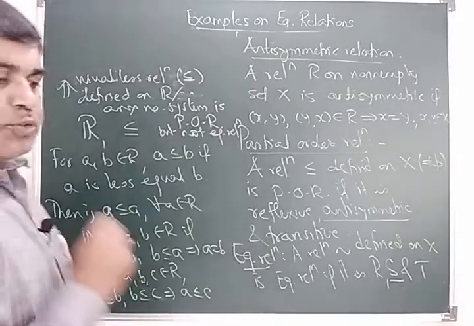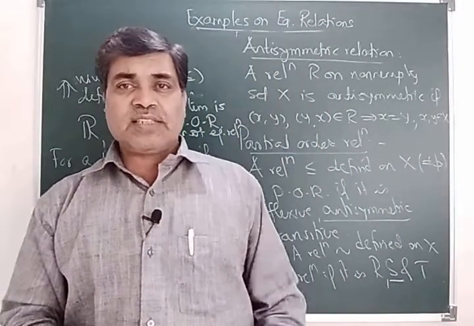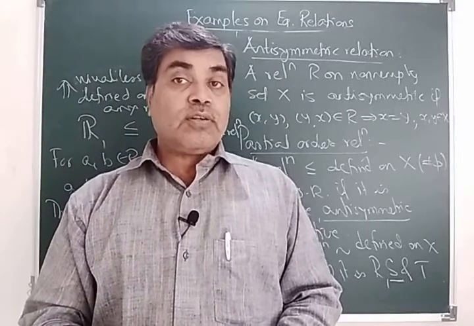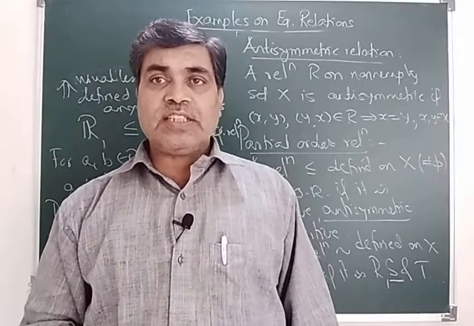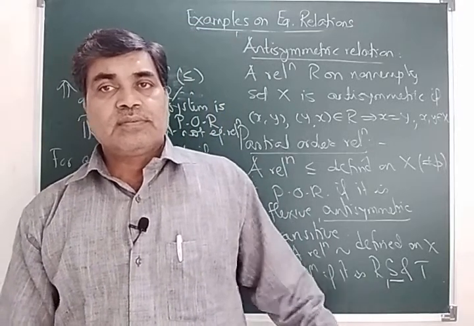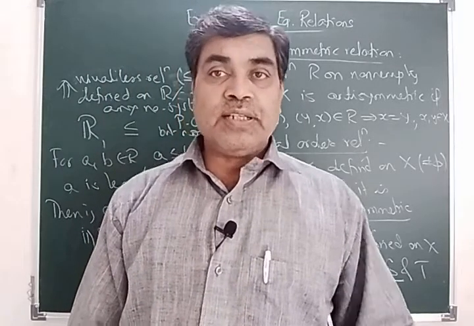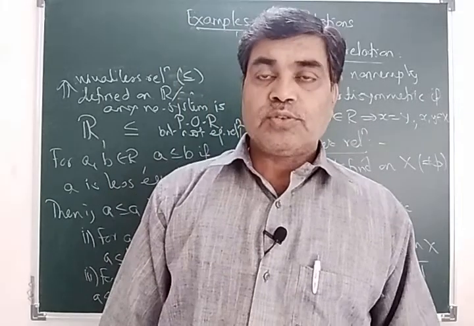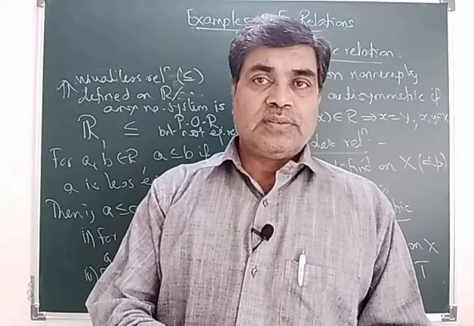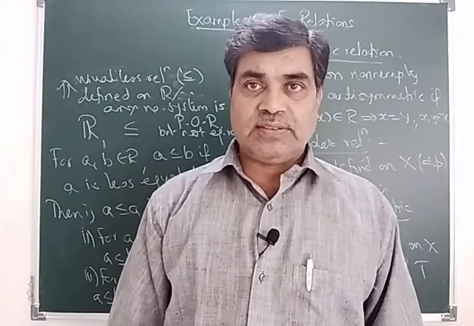I am not interested in studying the concept of partial order relation in detail. We are studying equivalence relation for the purpose of studying congruence relation on the set of integers. That is the main aim at this level. In our syllabus many examples are introduced, but they are only for your practice.